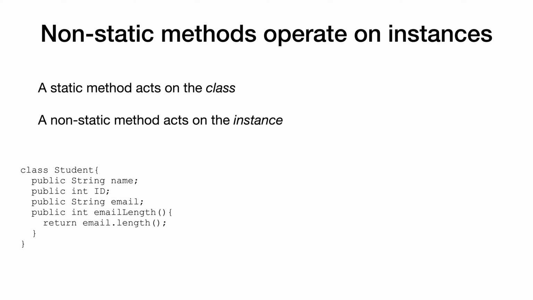So that leads us to methods and how the methods within a class will interact with stuff. Static methods act on the class, right? Which is sort of a high-level idea.